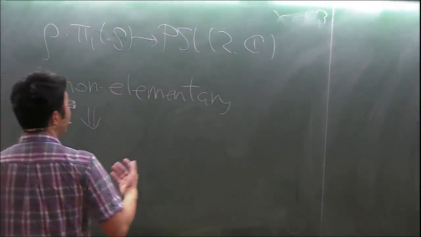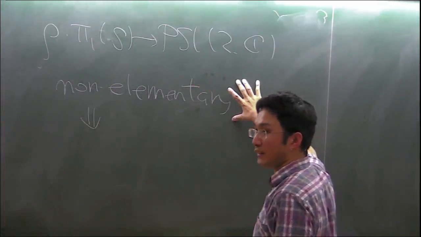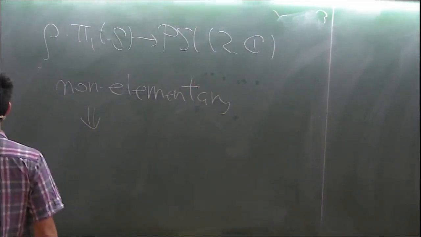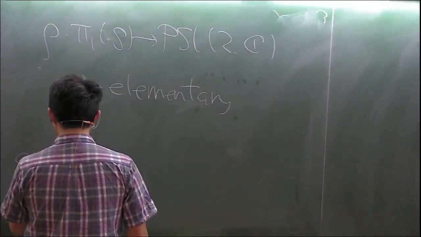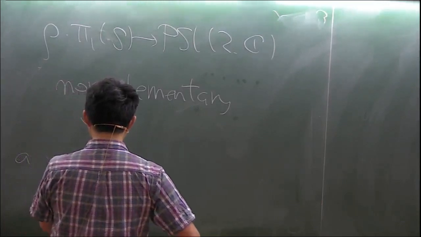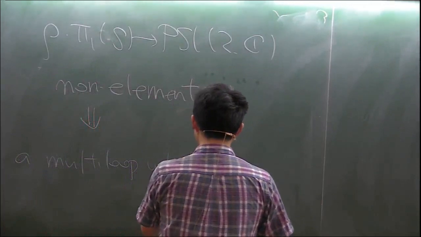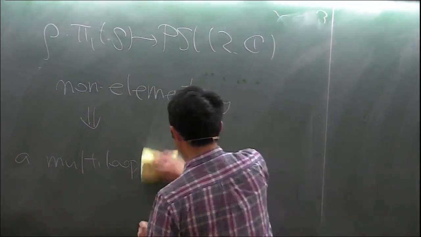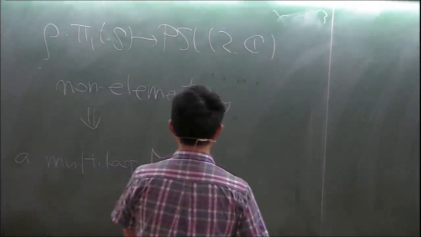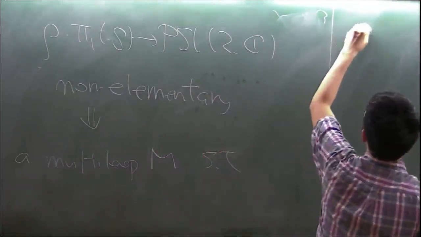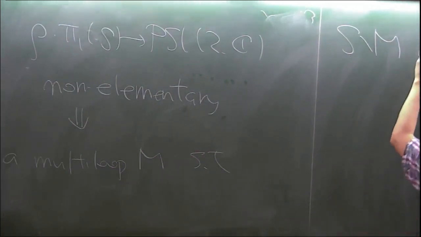Then we decompose. A priori, this can be quite a complicated representation. The image might be dense. Okay. Then first find a multi-loop M such that S minus M, the complementary components, are pairs of pants.